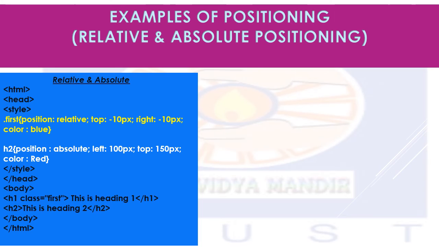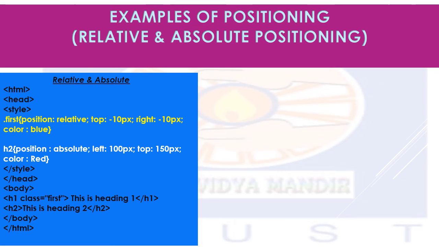Now coming to the HTML tags, in the H1 tag we have used the class first, where we have used the relative positioning. That relative positioning you can see on the sentence, this is heading 1. And for the absolute position, you can see in the H2 tag. So let's see the output.